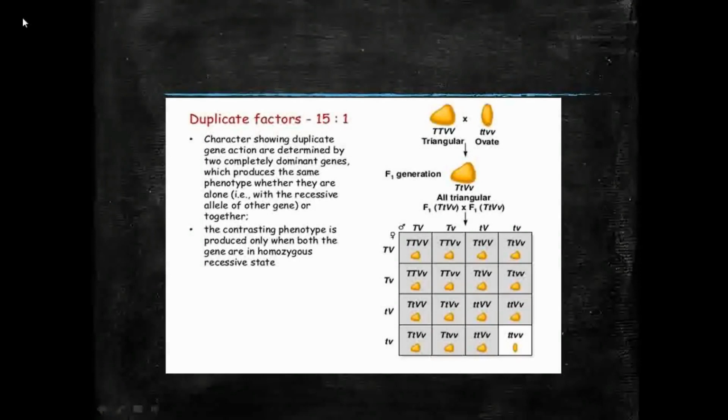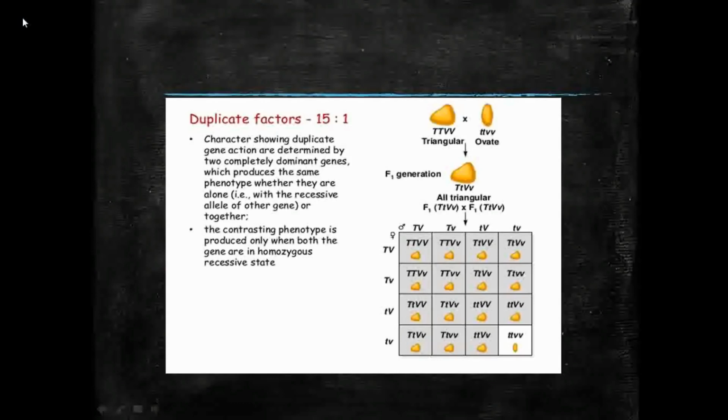Capital T, capital T, capital V, capital V is a triangular shaped fruit, which we cross with small t, small t, small v, small v, which is an oval or ovate type of fruit. If we cross them, we will get in the F1 generation capital T, small t, capital V, small v.